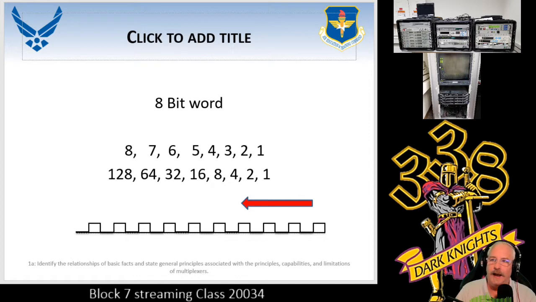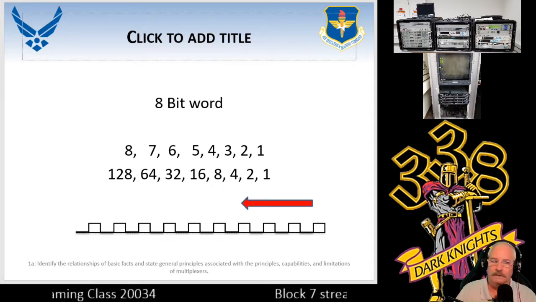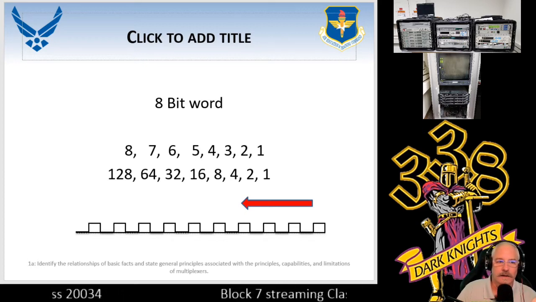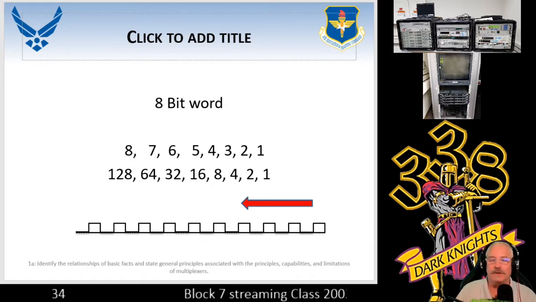If you were to add 1 through 64, 1, 2, 4, 8, 16, 32, 64, you should come up with 127. Well, wait a minute, we're talking about an 8-bit word. Au contraire, we'll get there in just a minute. So pay attention to that and what we're going to be leading up to.